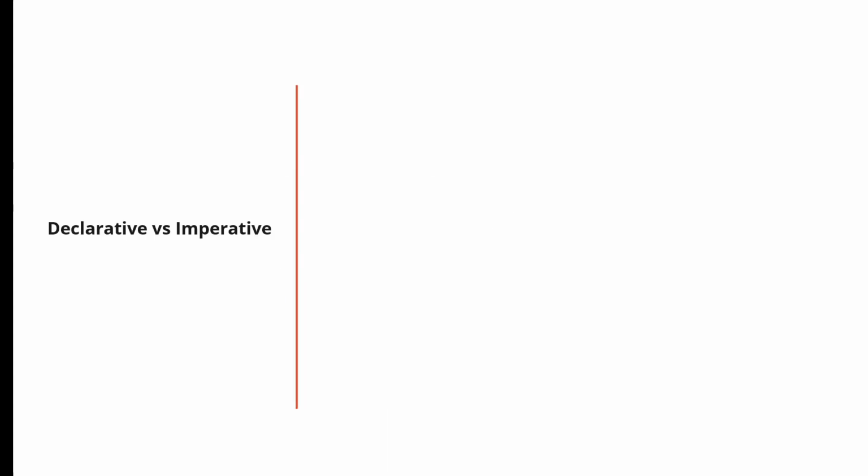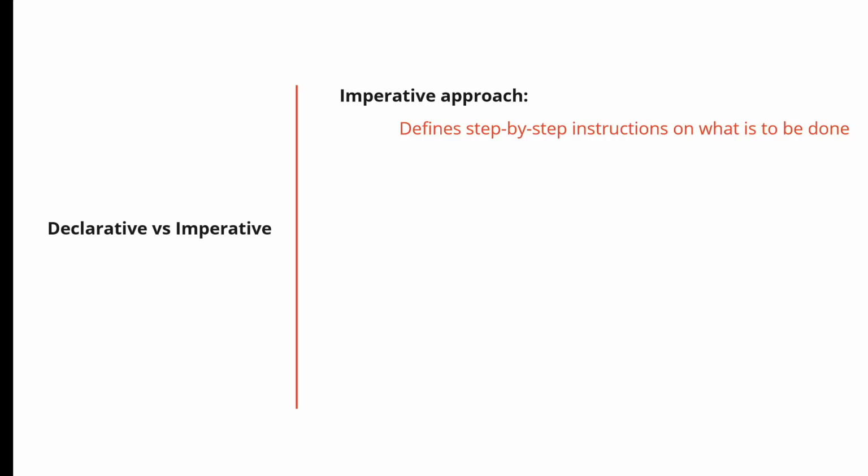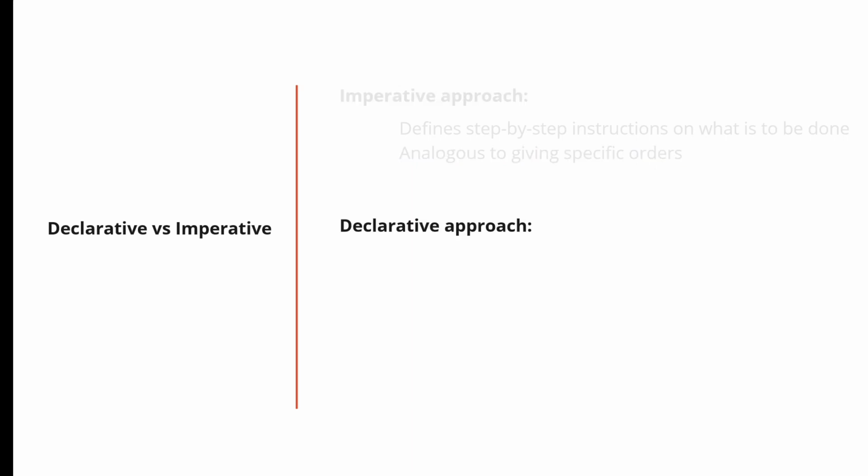One important concept in infrastructure as code is the declarative approach versus the imperative approach. The imperative approach is where you define step-by-step instructions on what has to be done, and it is analogous to giving specific orders to achieve the final state. Whereas the declarative approach describes the desired end state of the infrastructure.